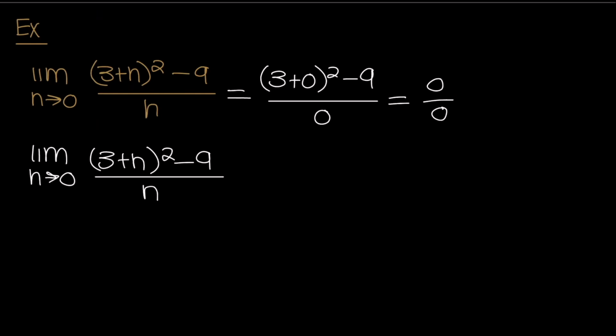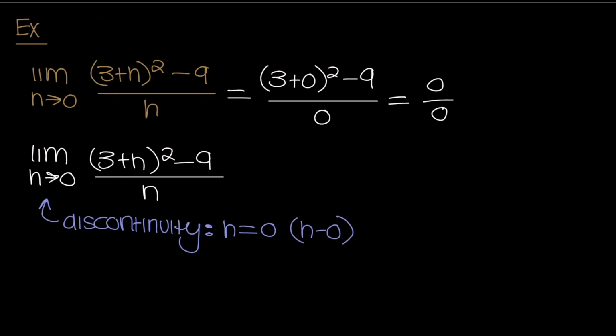Here's something to think about. I earlier said that this might be my discontinuity, because we're getting indeterminate form when h is equal to 0. Meaning, I want to get rid of some factor, that's h minus 0 in a sense. That's a factor I want to get rid of. We're trying to cancel this out with something on the top.